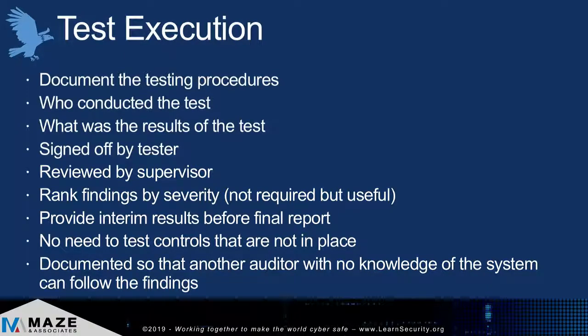You can also see the term white team, and the white team is typically like a referee who may be there with the blue team to evaluate how the blue team responds, because the blue team may not know it's not real. In that situation, the white team, the referee or observer or auditor, is going to prevent them from calling the police or anything like that if something happens.